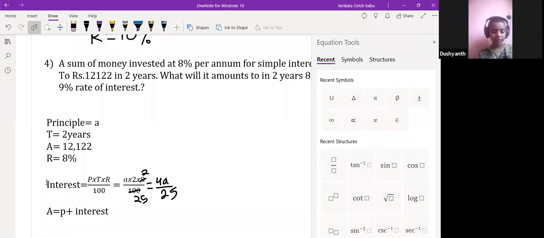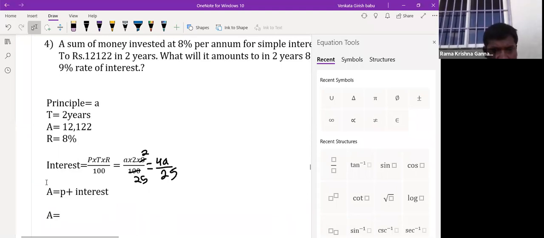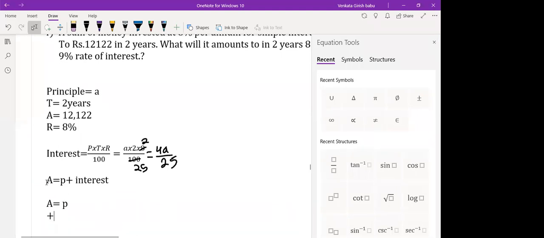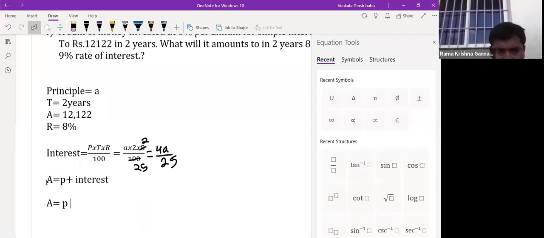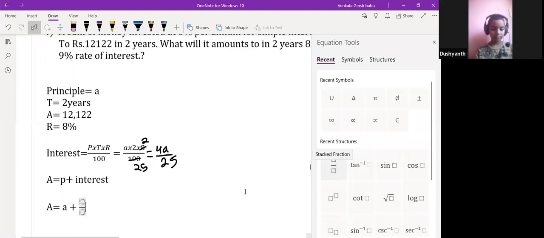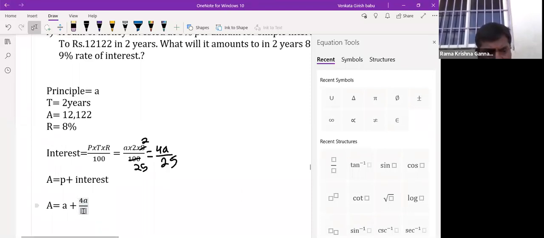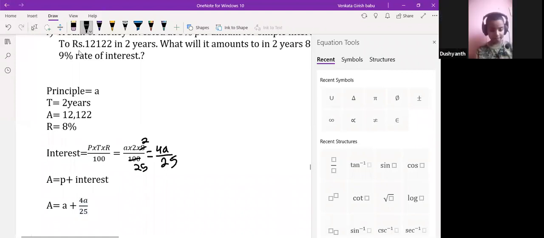P value is A, and the interest value is 4A by 25.